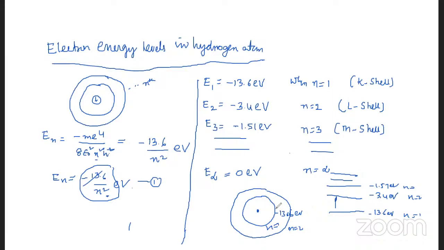Similarly, if the electron absorbs an energy of 13.6 electron volts, the electron is raised from this level to n equals infinity.